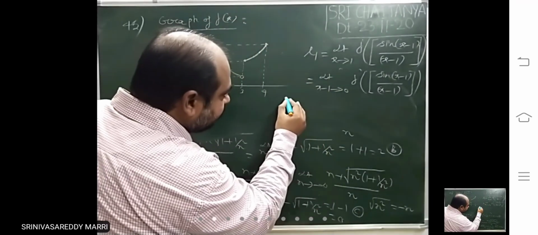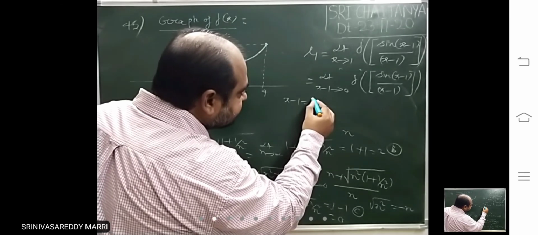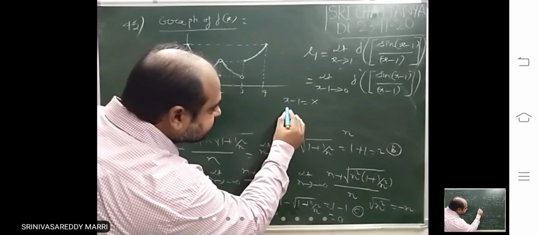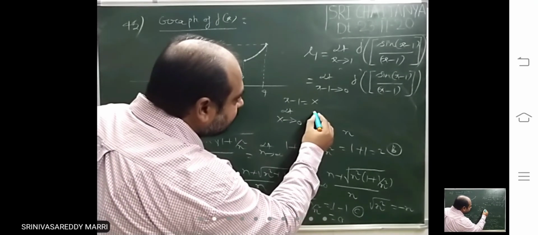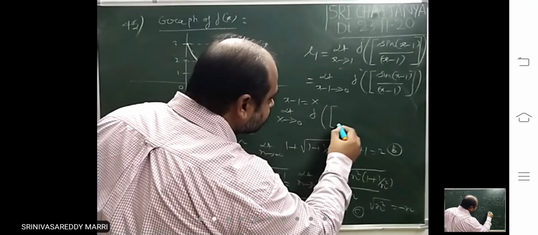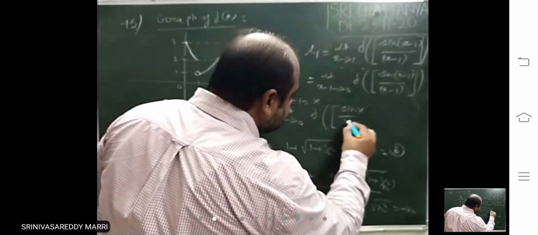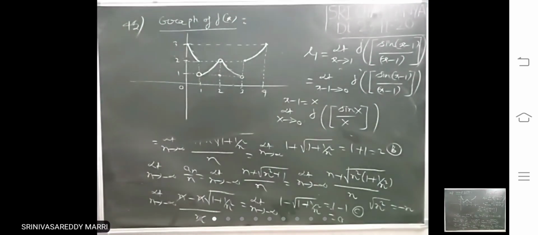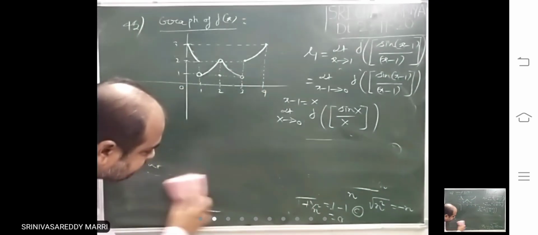For convenience, I am taking x minus 1 equal to capital X. That means this is nothing but limit X tends to 0 of f of step of sine capital X divided by capital X.